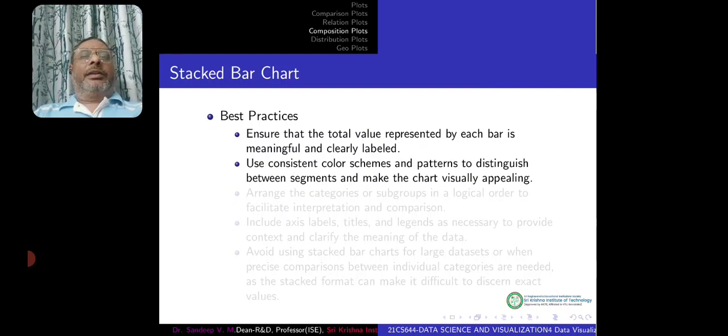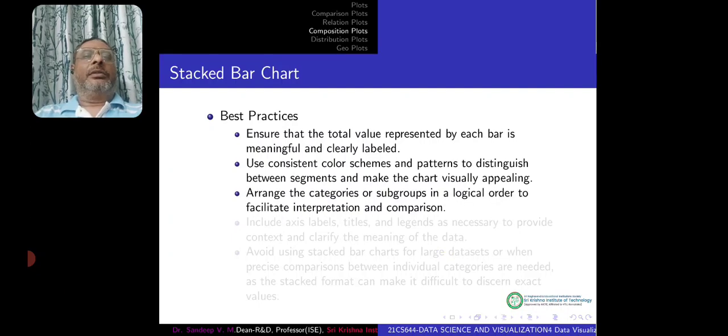We should use consistent color schemes or patterns to distinguish between segments and make the chart visually appealing. The segment colors should be such that the neighboring segments have contrasting colors. That's one issue, and they should be used consistently across the whole chart so that it provides a better insight of what we are trying to represent.